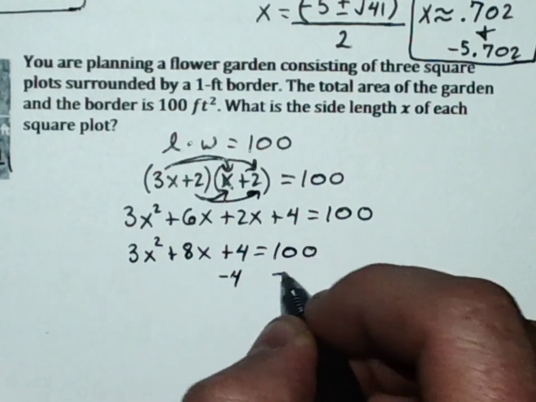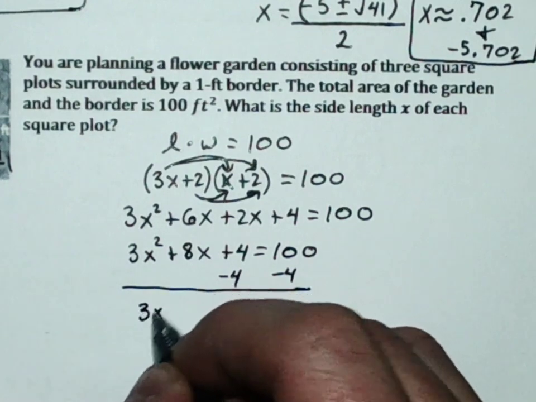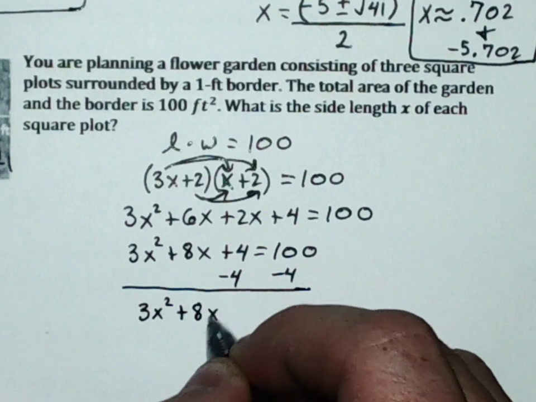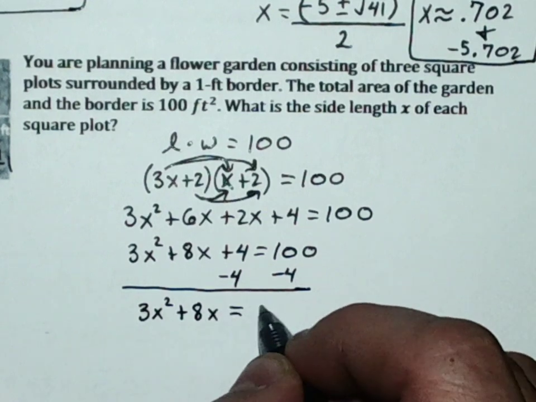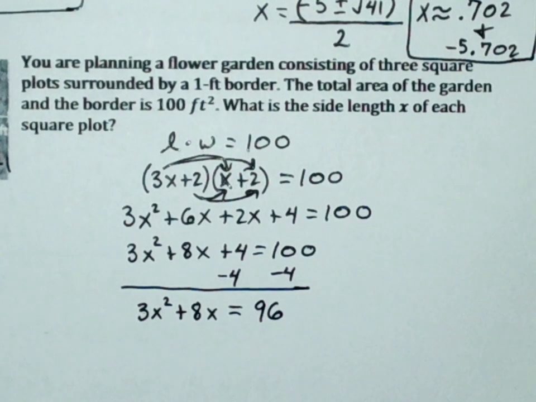Subtract my 4. 3x squared plus 8x equals 96. Again, we have a leading quadratic coefficient that is not 1.